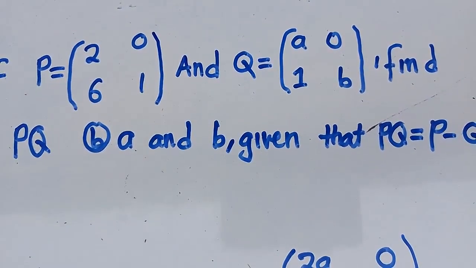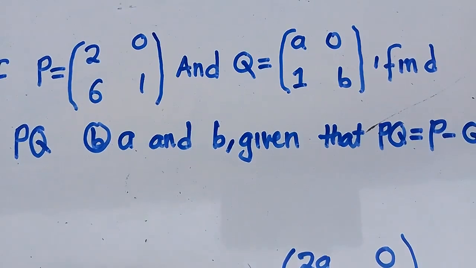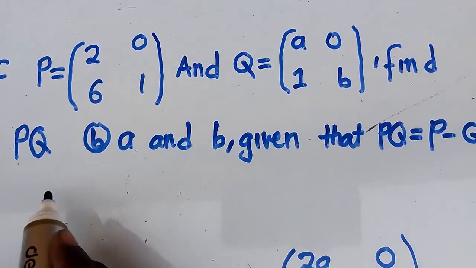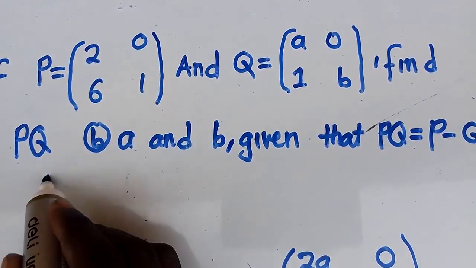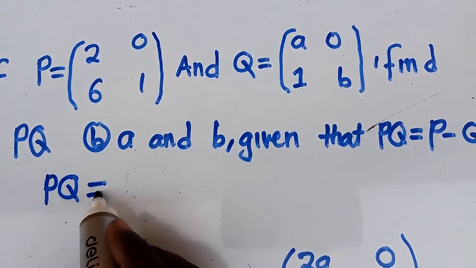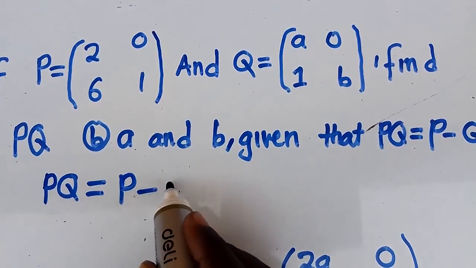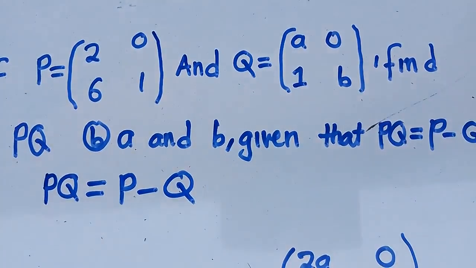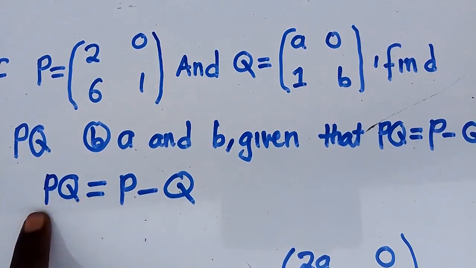So here, what they are actually saying is that they want you to find the value of A and B, if PQ is equal to P minus Q. This is what you are given. So you ask yourself, do you have PQ?